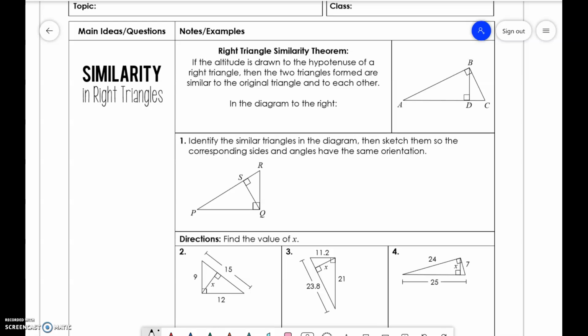So the similar triangles here are triangle ABC, so the big one, is similar to triangle ABD, and it is similar to triangle DBC. So those three triangles.